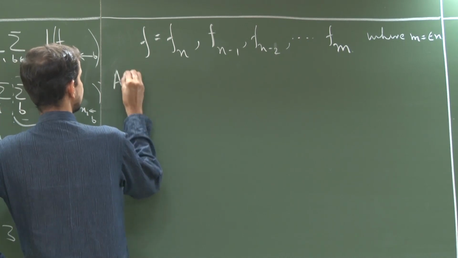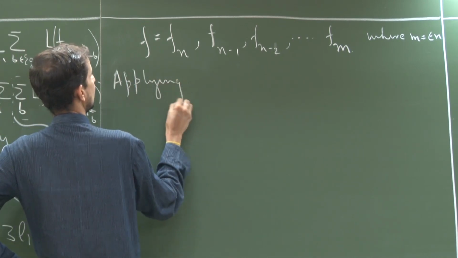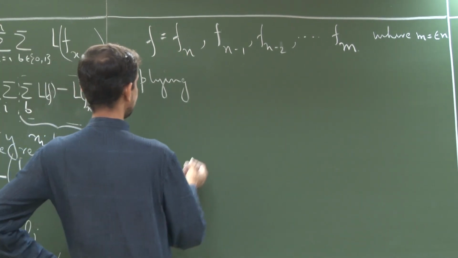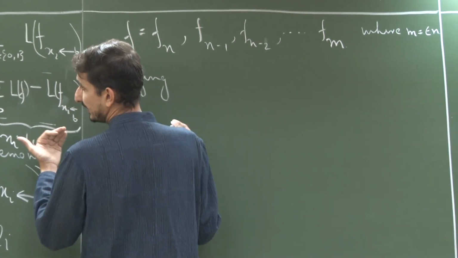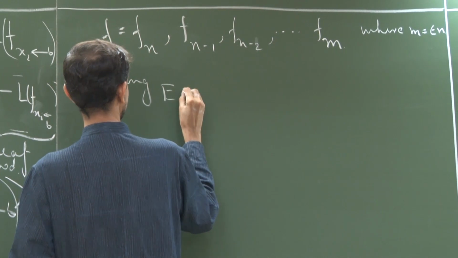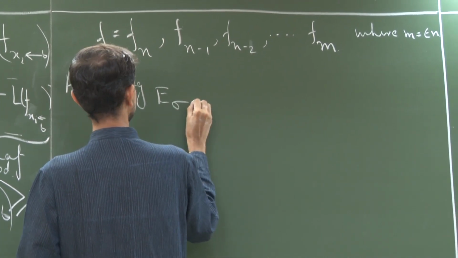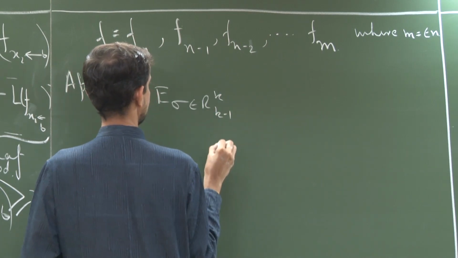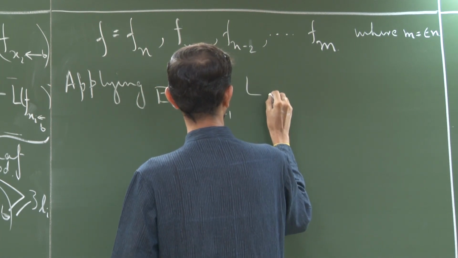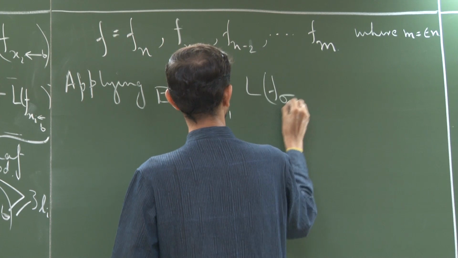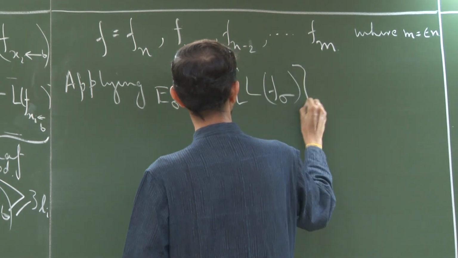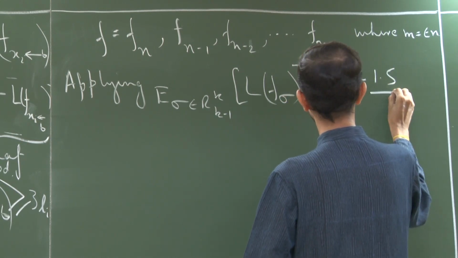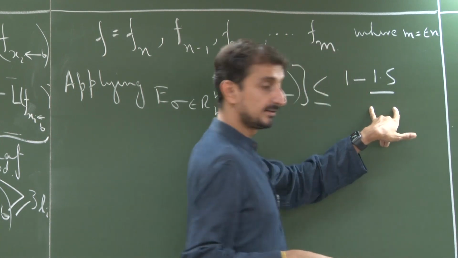So, now what I can do is apply lemma 1 iteratively, and if I apply lemma 1 iteratively, at some intermediate levels I will get something like this: the expectation over sigma in R_{k-1} of L(f_sigma) is at most 1 minus 1.5 divided by what would be the denominator.